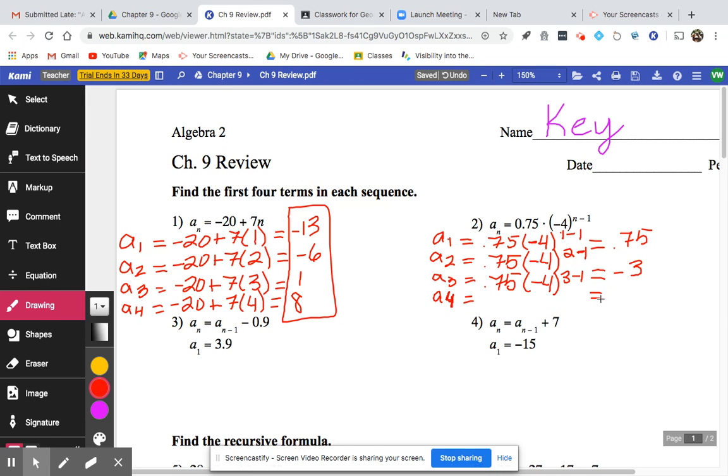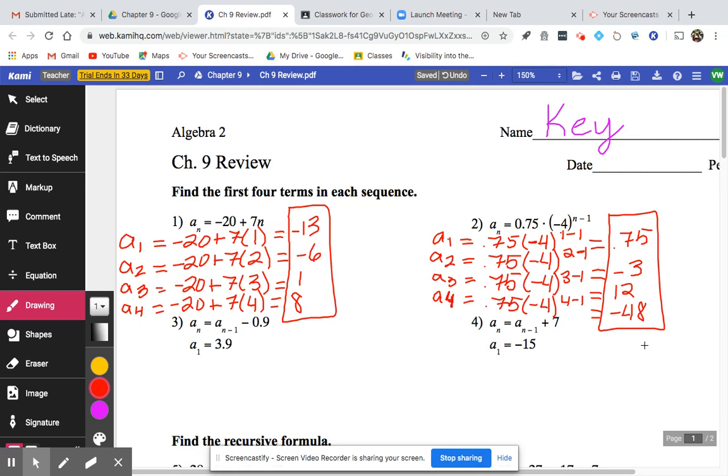Here we get 12. And then finally 0.75 times negative 4 to the 4 minus 1 power. And you should get negative 48. So in that order, 0.75, negative 3, 12, and negative 48, those are the first four terms of the sequence.